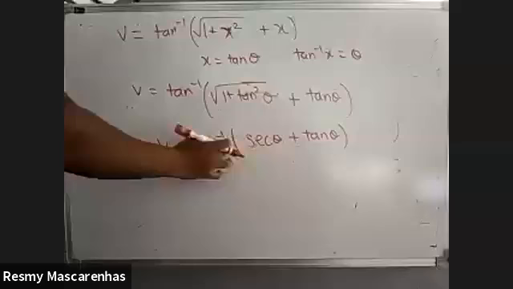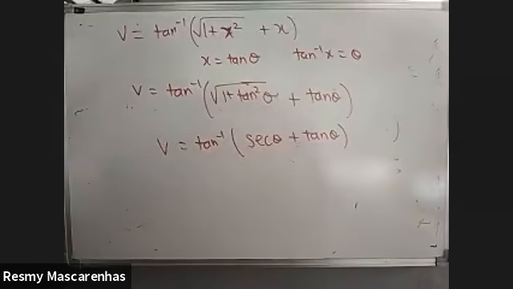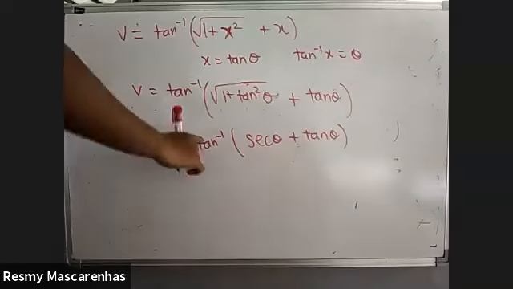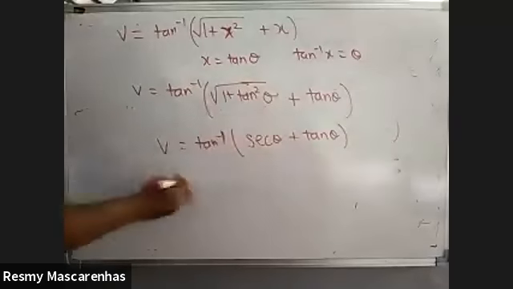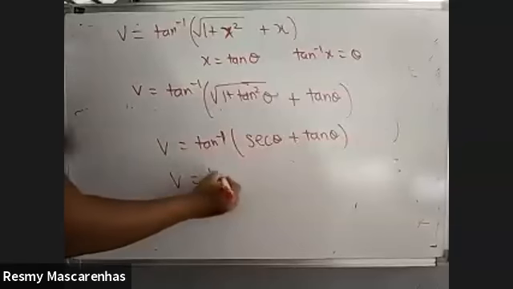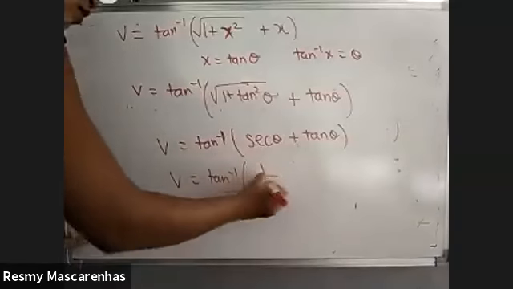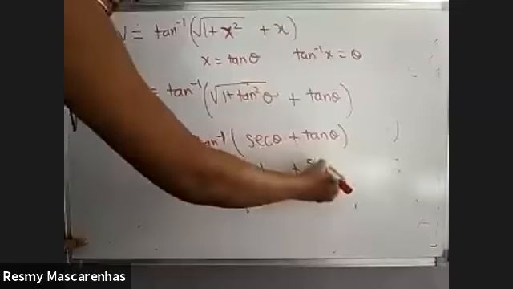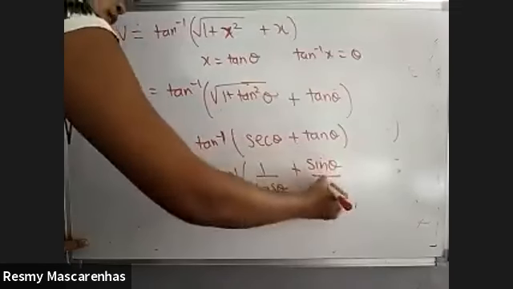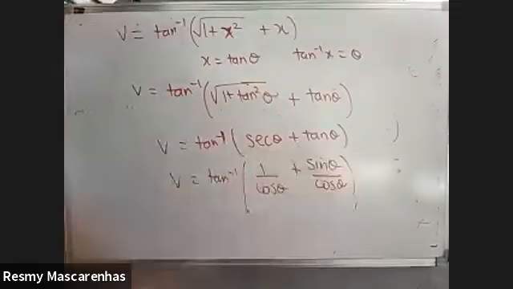Now this is not log, huh? To directly take the derivative. If this was log, then it is normal, but this is a tan inverse. So you have to try to simplify this. So tan inverse of sec theta is what? 1 upon cos theta. And tan theta is nothing but sin theta upon cos theta. Again, the same problem I've done in inverse trigonometry.